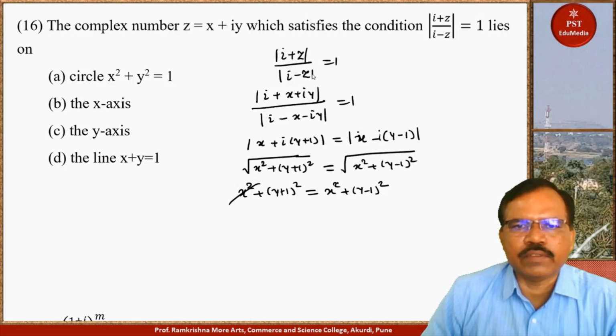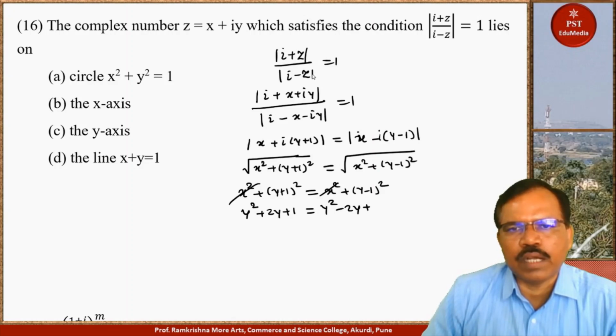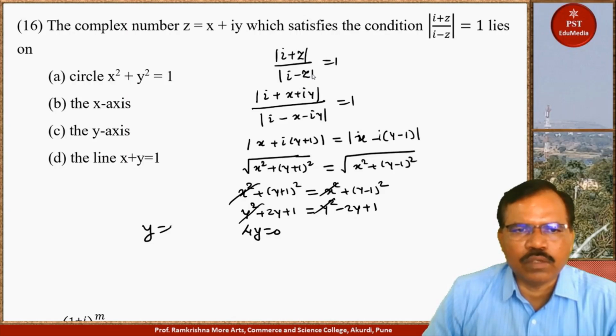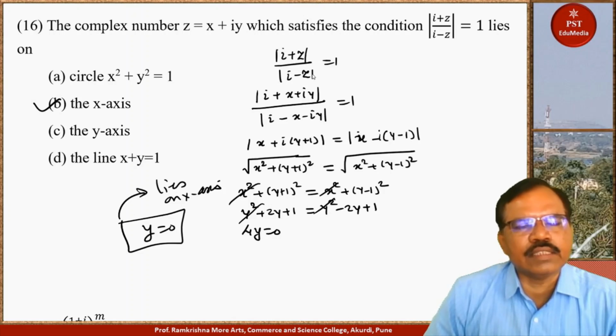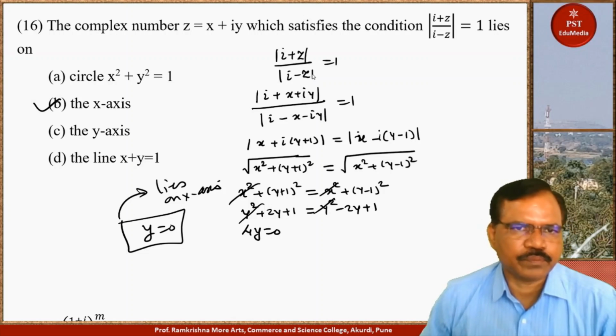So x square will get cancelled. y square plus 2y plus 1 is equal to y square minus 2y plus 1. So y square will get cancelled, and you will get 4y is equal to 0, means y is equal to 0. So this lies on x-axis. We have already seen such a type of example earlier.